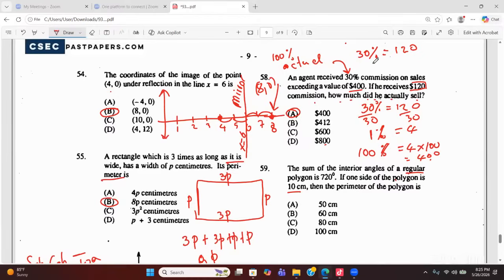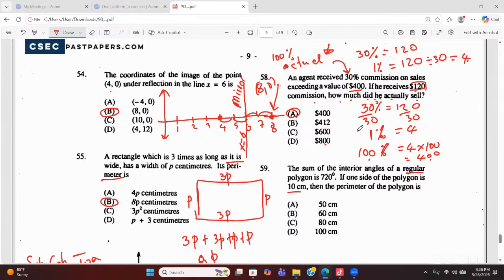You could find 1%, which is to divide by 30. 30 into 120 is 4. So 1% is 4. Therefore, 100% is 4 times 100. That's how we get 400. So you're trying to find the actual sale because they're saying you're getting 30%. But it's 120.